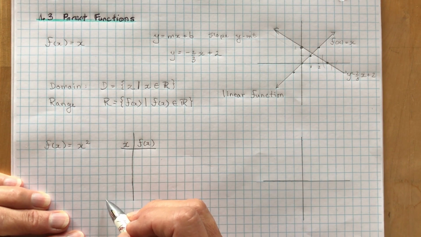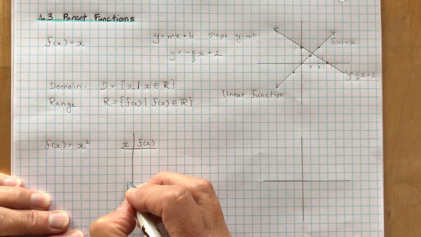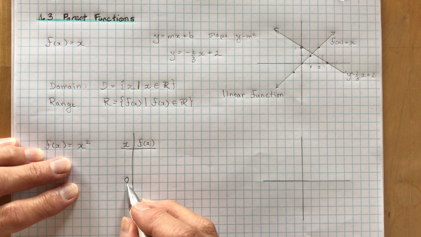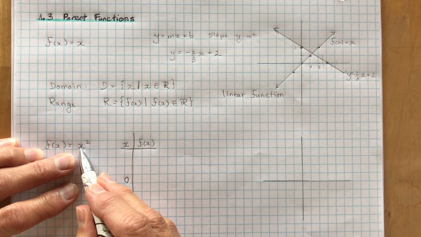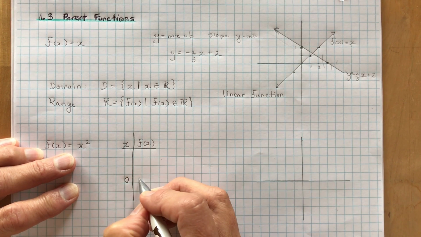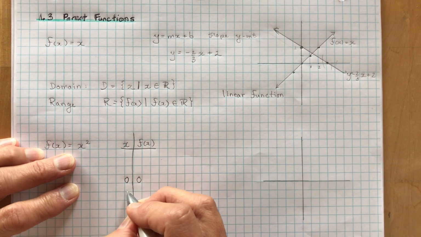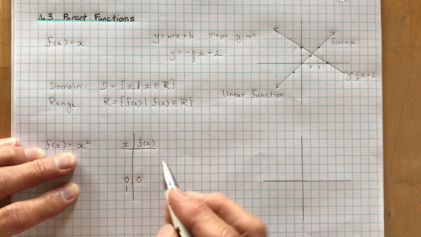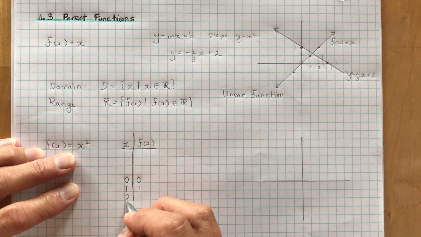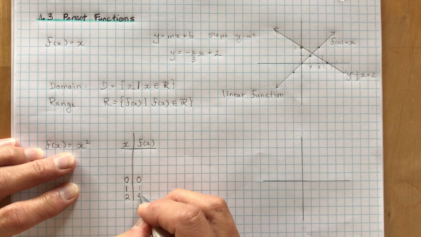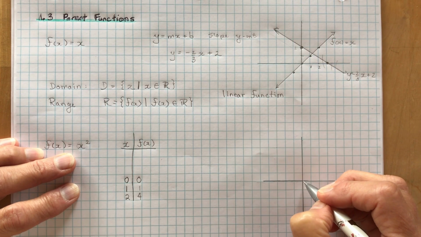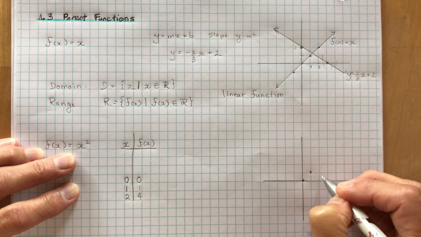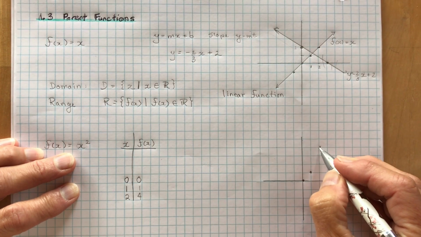And the reason for that is, let's say I just start here at 0, and I'm going to fill these in in a minute. If I put in 0 for x here squared, I would get 0. If I put in x is 1, remember you put it in brackets, 1 squared, 1. And if I did 2, 2 squared would be 4. So if I graph that function, it would go (0, 0), (1, 1), (2, 4).